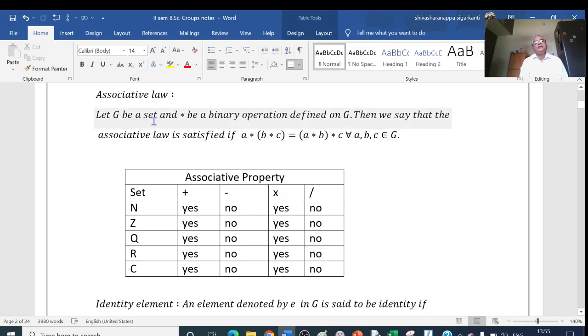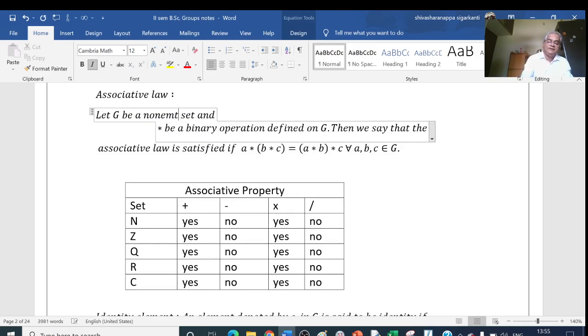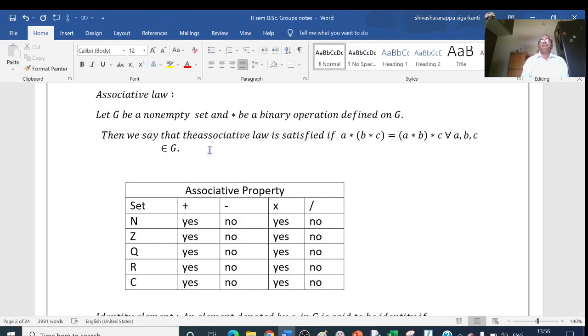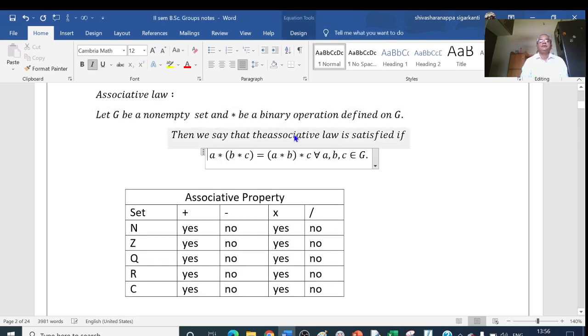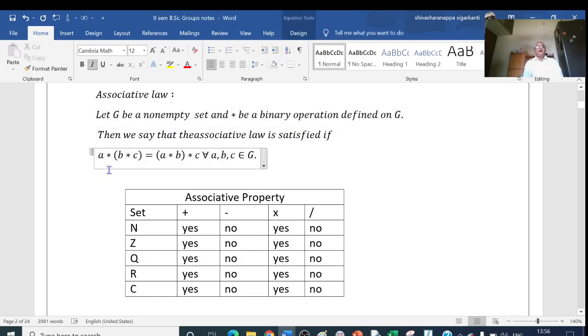Suppose G is any non-empty set, and star be a binary operation defined on G. Then we say that the associative law is satisfied if A star (B star C) equals (A star B) star C. This must be true for all A, B, C belonging to G.